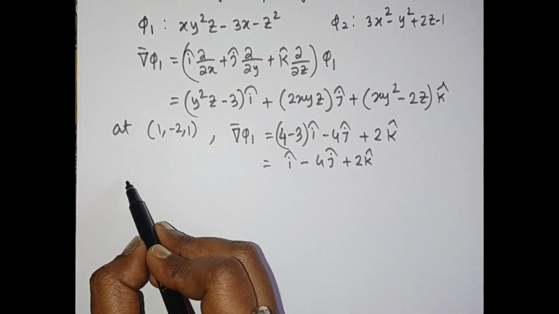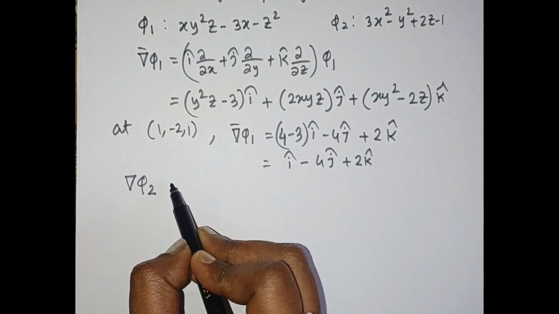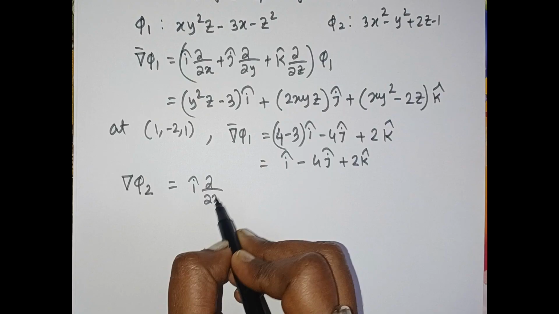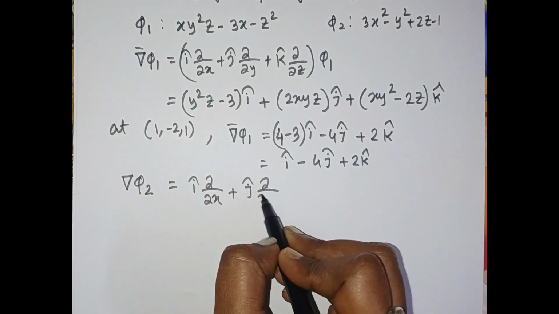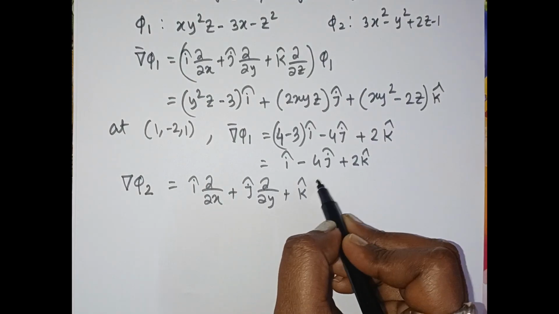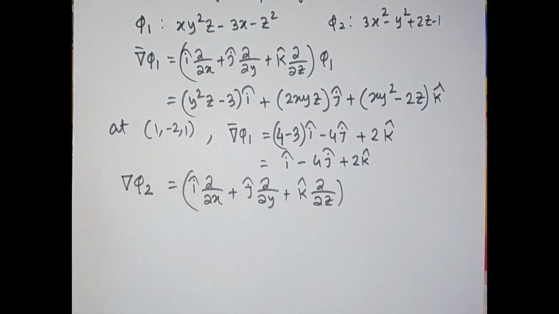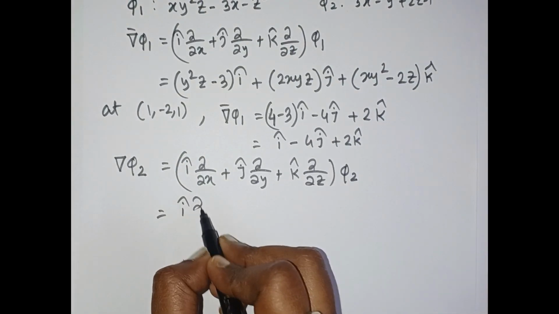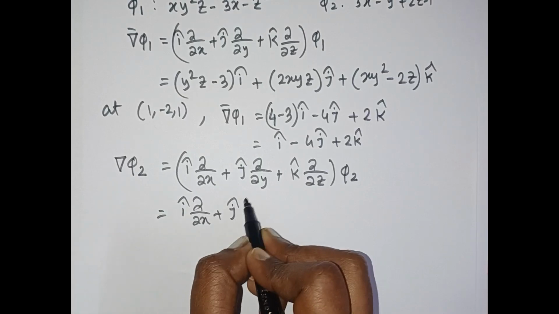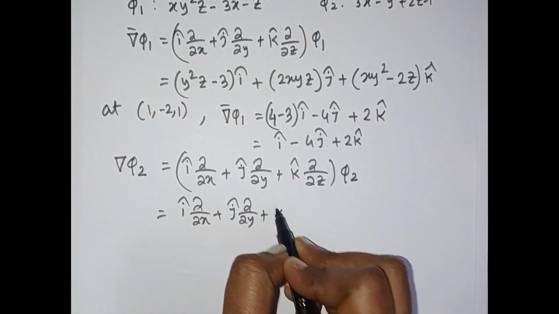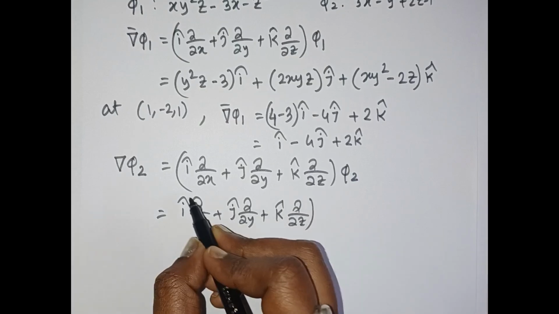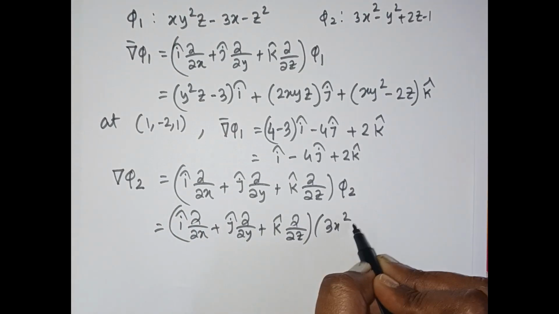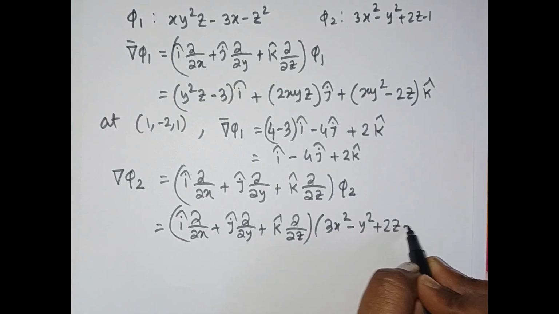Now we have to calculate grad phi 2, that is i del/del x plus j del/del y plus k del/del z of phi 2, which is 3x square minus y square plus 2z minus 1.